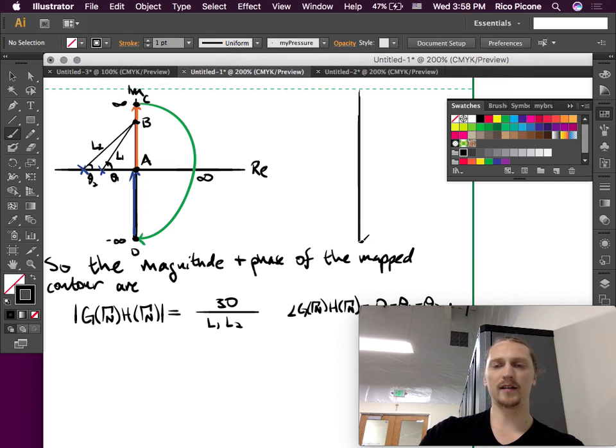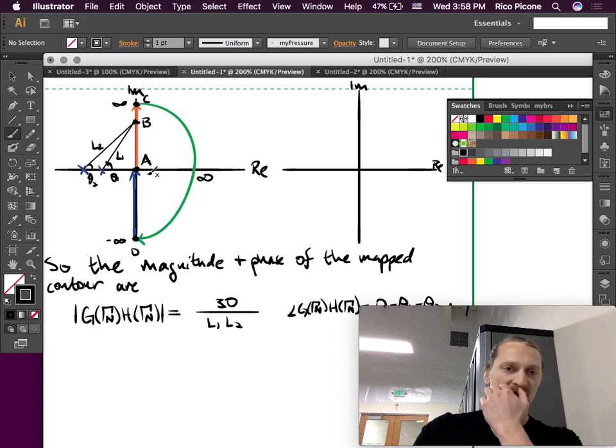You can draw it wherever you like, in the margin space or below. So real, imaginary. So point A maps over here. Zero phase, so we know that it's going to be somewhere on this real axis. That's where its phase is 0.